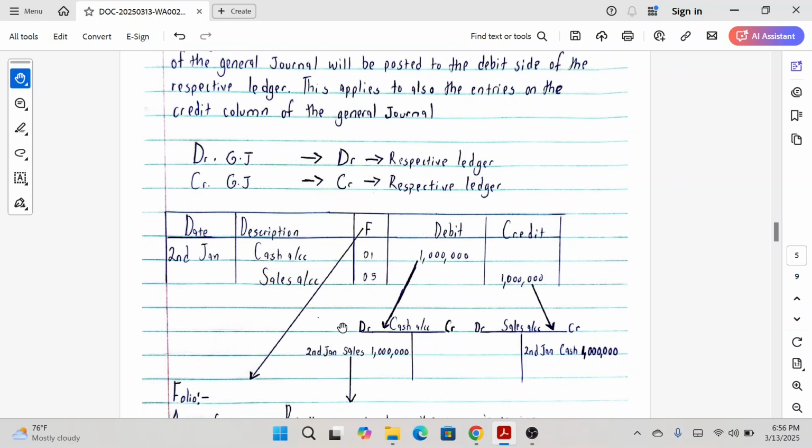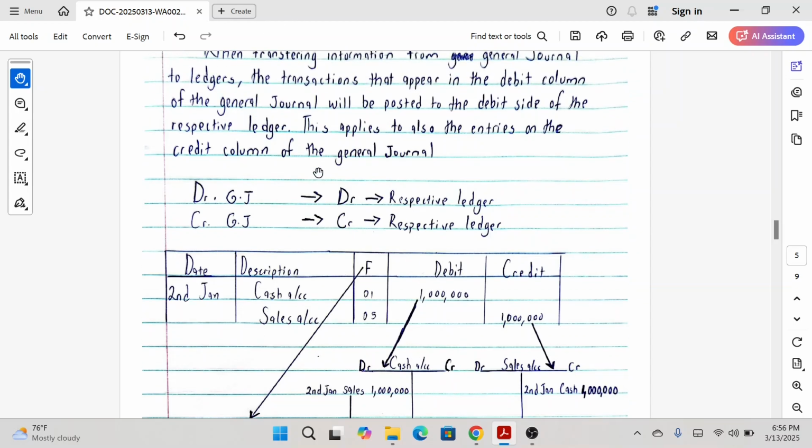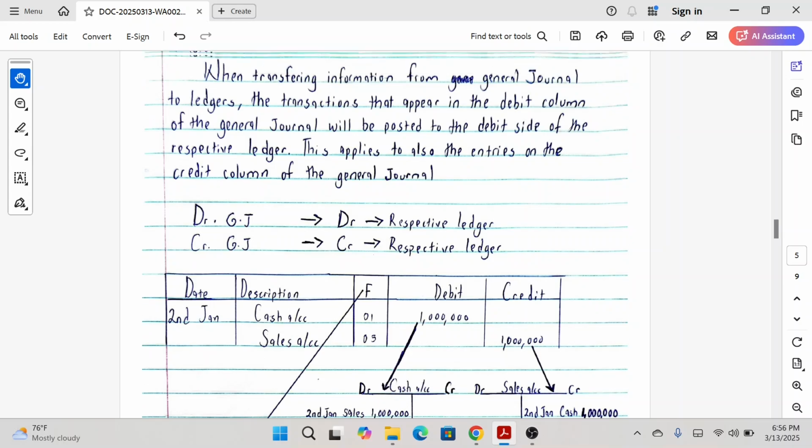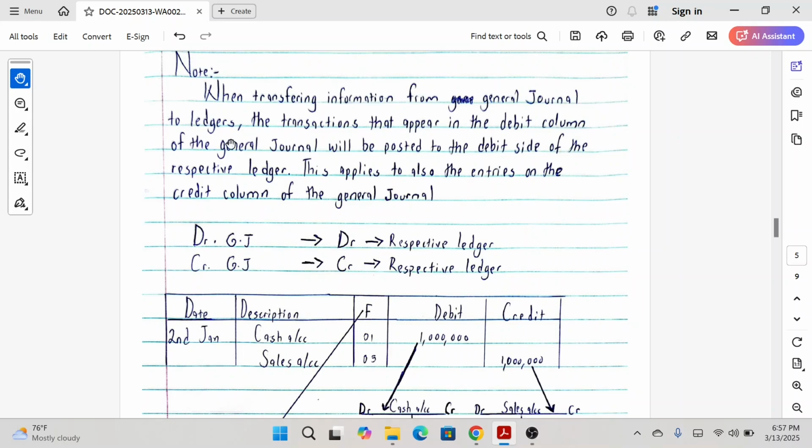If I draw up a T account, this T account must have a debit side and a credit side, the debit on the left hand side and the credit on the right hand side. So when you're transferring, what is on the debit side must also be posted to the debit side of the T account.